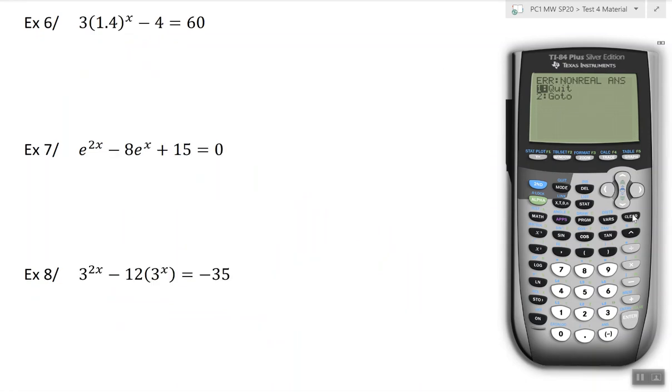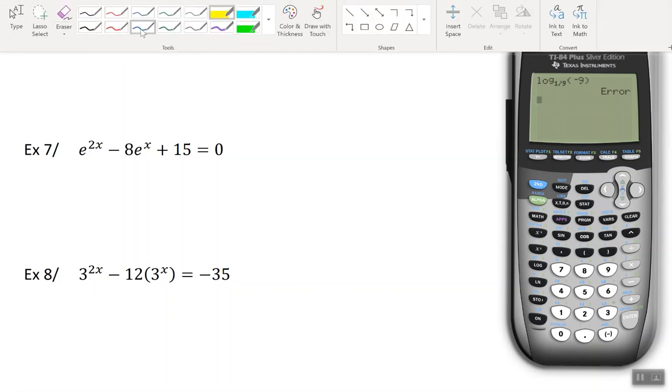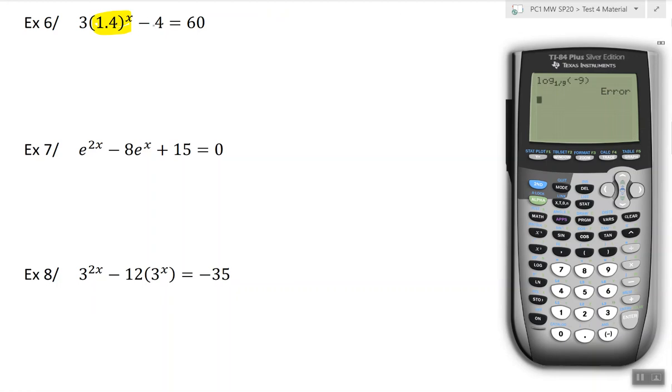Example 6 here, I need to isolate the exponential expression. So you recognize what the exponential expression is. It is simply the 1.4 to the x. It does not involve this -4 here. It does not involve this 3. This 3 does not have the exponent on it.